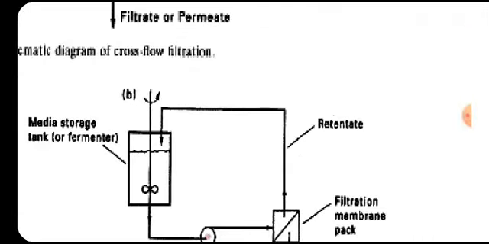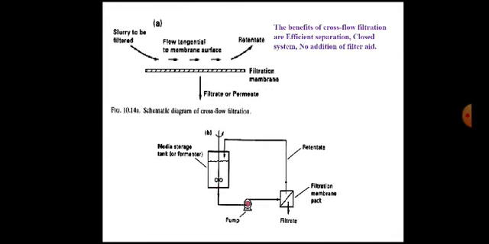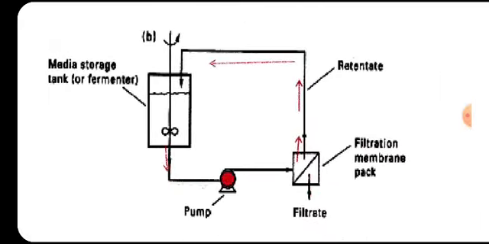So this is how the pump starts. When the pump starts, it takes the liquid from the storage tank to the membrane filtration pack, which contains the membrane filter. Then the retentate, the remaining liquid containing the solids, goes in an upward direction and back to the storage tank, and the filtrate is collected from the bottom. So this is how the system works.